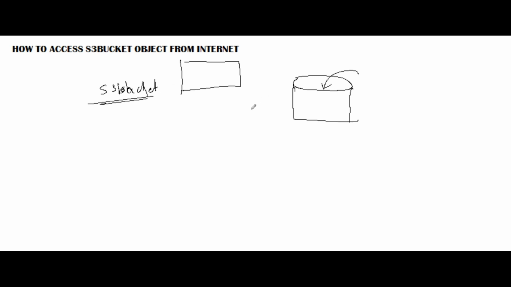Inside the S3 bucket we can put some data. It might be a PDF file, or a JPG file, or an MP3 file, or an MP4 file, whatever data. In real time also, whatever data we can put inside the S3 bucket, those are called objects.